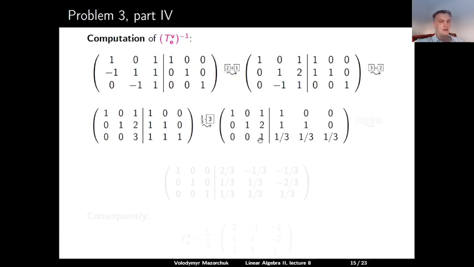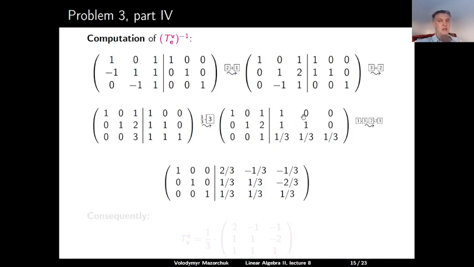And now we have 1 here, and we can eliminate this 2 and this 1. So we subtract row 3 from row 1, and we subtract twice row 3 from row 2. Row 3 remains the same. Row 1 becomes 1 minus 0 is 1, 0 minus 0 is 0, 1 minus 1 is 0, 1 minus 1 third is 2 thirds, 0 minus 1 third is minus 1 third, 0 minus 1 third is minus 1 third.